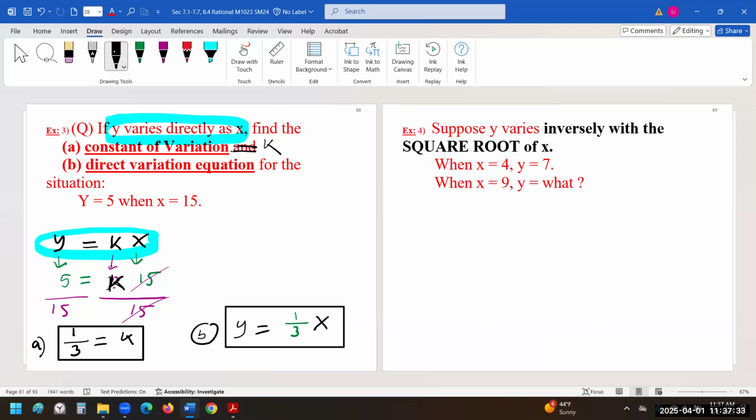If x is 9, then what should be the y? So they want us to find more than what we have done in the second question. So we are going to write an equation based on the information here.